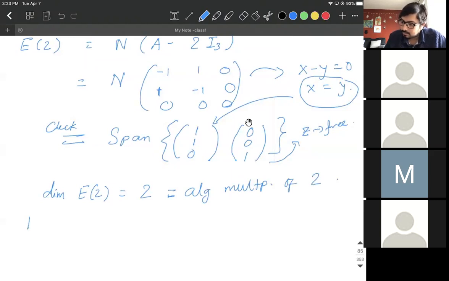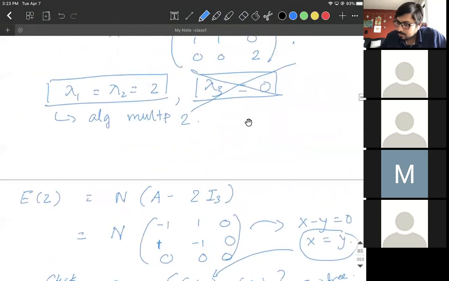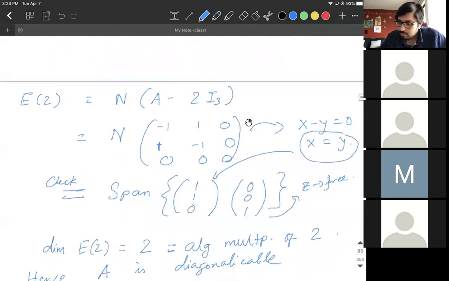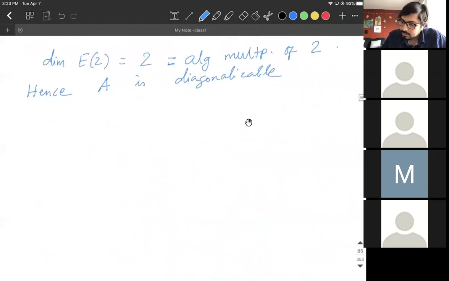Hence, in this case, A is diagonalizable. So that's case 2. Now, the only case left is the third one. So the last case is alpha equals 0.